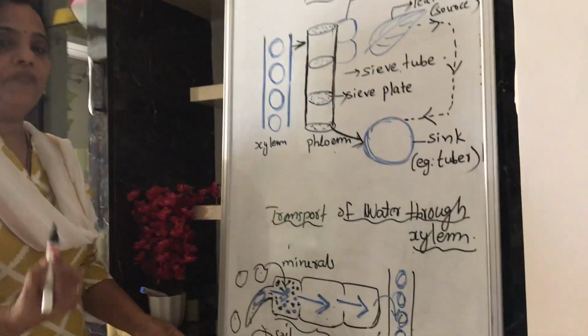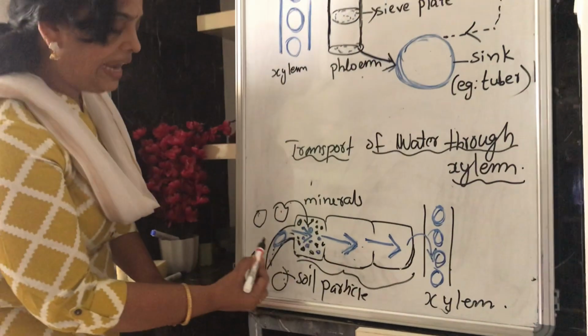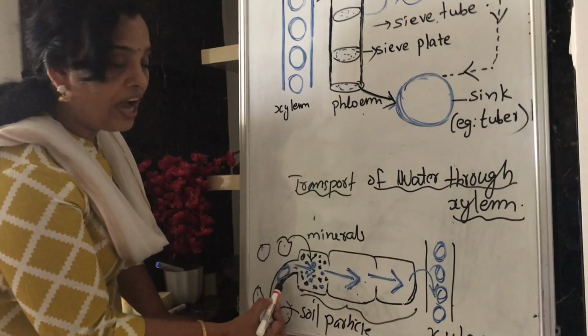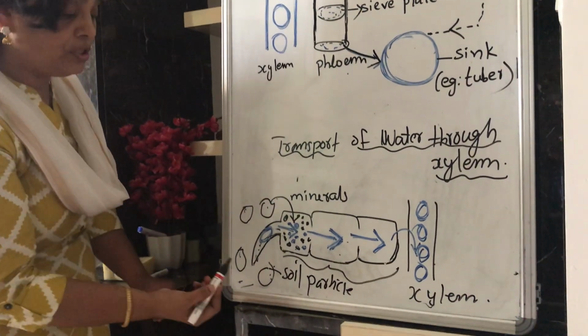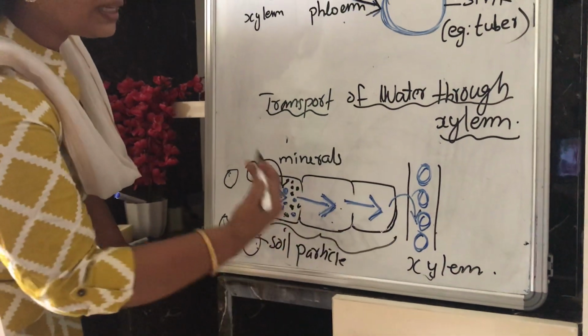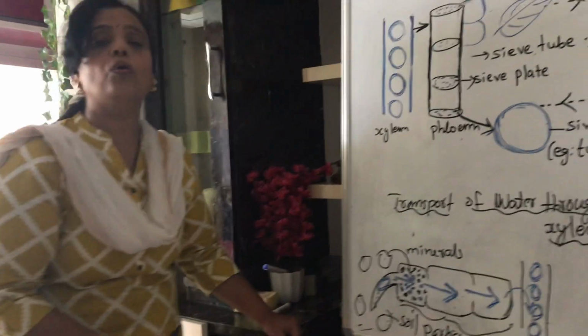Now what you people have to understand is, yesterday I told you, whenever the water enters into the root hair, first it will enter into the vacuoles of the root hair through diffusion, and from there the water enters into the root cell by cell. It will enter through a process called osmosis.